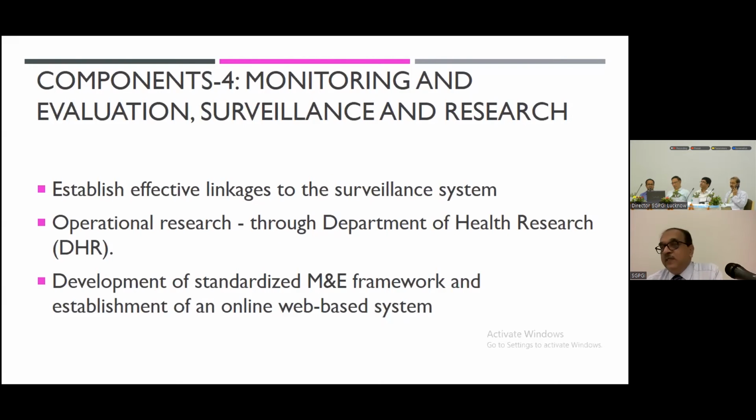Monitoring and evaluation is very important. Once you select a patient for treatment, or once you register the patient for treatment, it is very important that the treatment should be completed. For example, in hepatitis C, the treatment is only for 12 weeks or maybe a maximum of 24 weeks. For 4 weeks of treatment, there is one bottle.